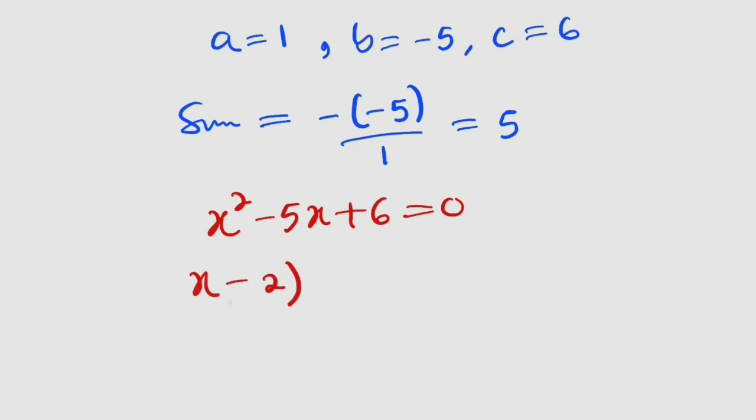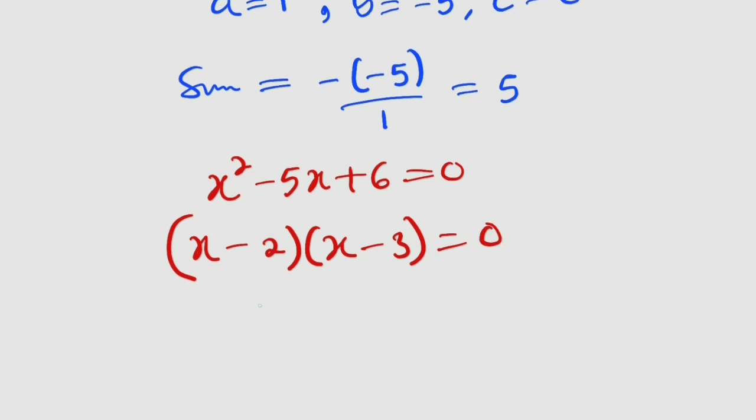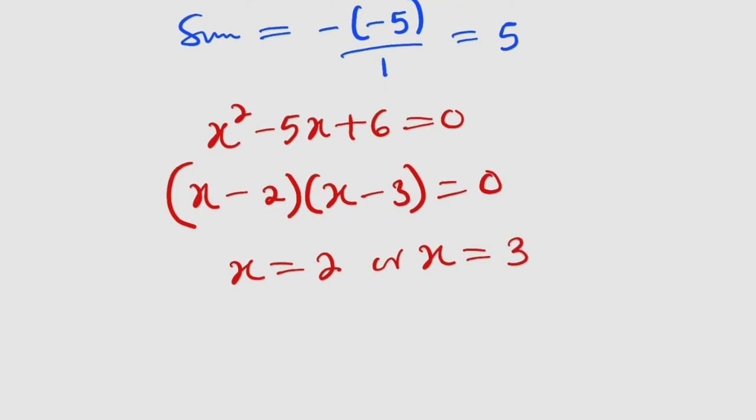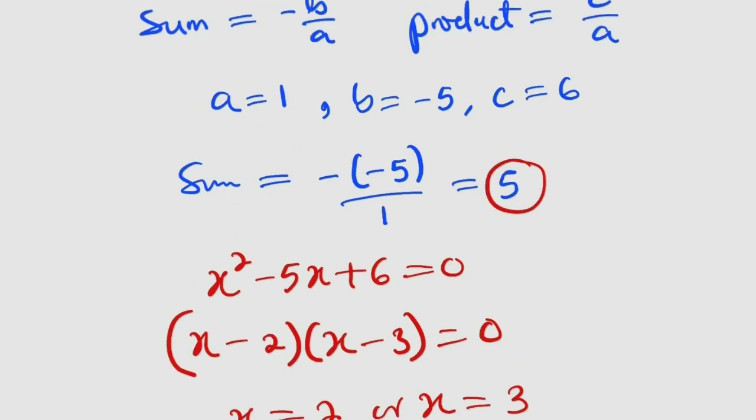And the numbers are negative 2 and negative 3, right? By setting each factor equal to 0, it implies either x is equal to positive 2 or positive 3. So this is the solution. Remember, they say sum, meaning you should add the two roots together. Just look at it, 2 plus 3 is 5. And therefore, the sum is 5.